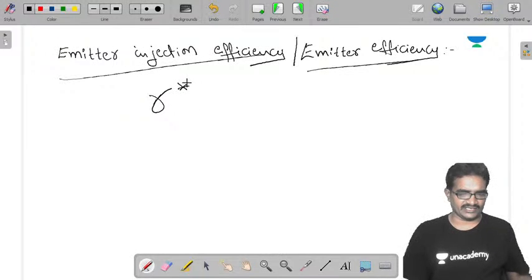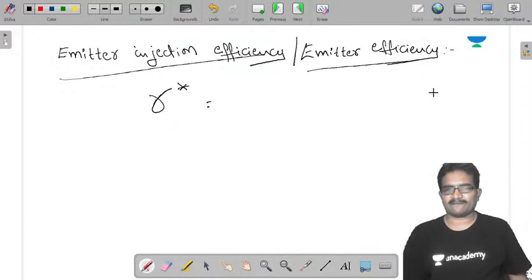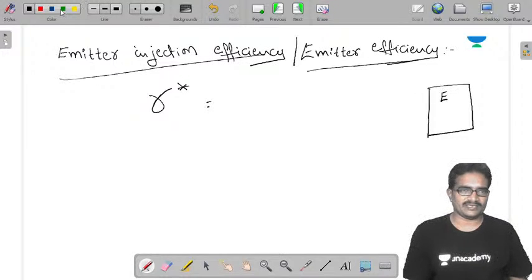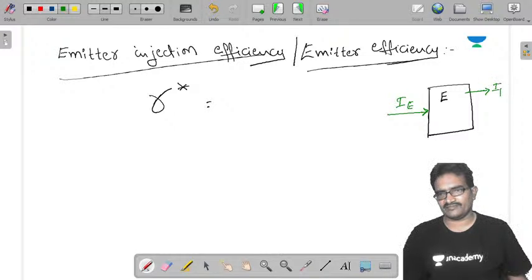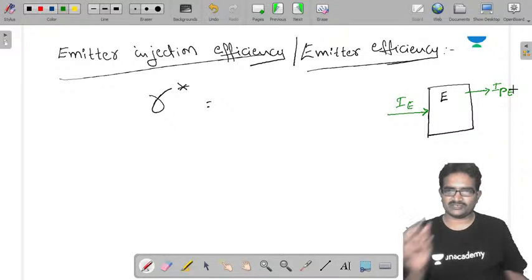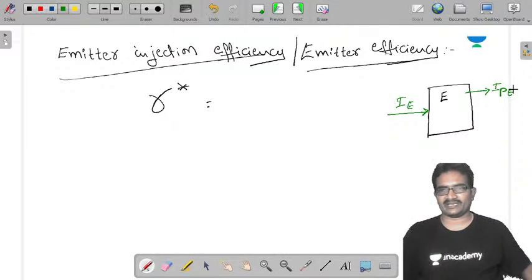So its value is, with respect to the emitter, let us take this as your emitter. For your emitter, the entering current is IE. The majority of the current leaving the emitter is IPE.